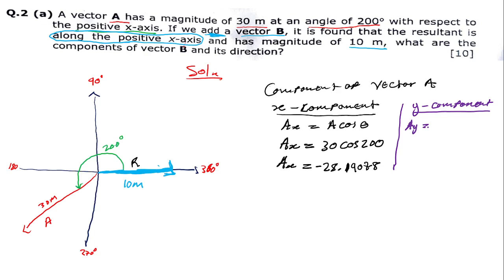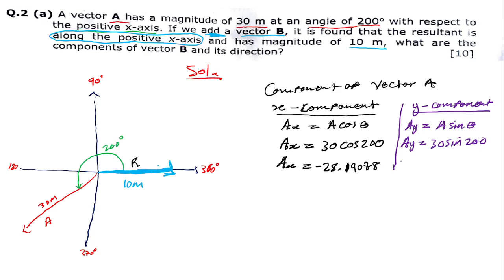So Ay will simply be equal to 30 sine 200. Your answer will be negative 10 point.